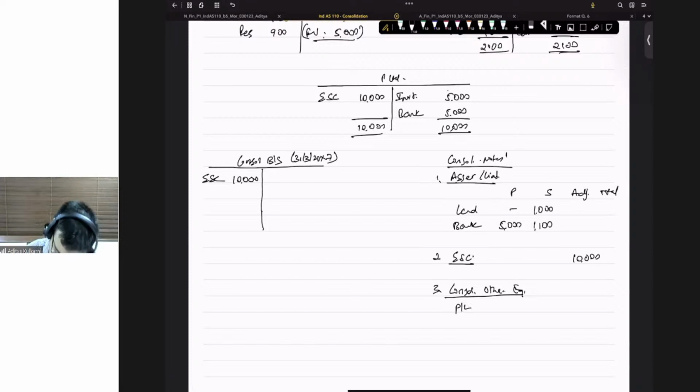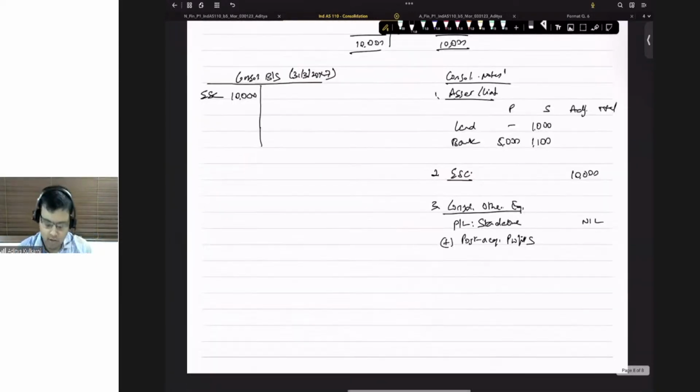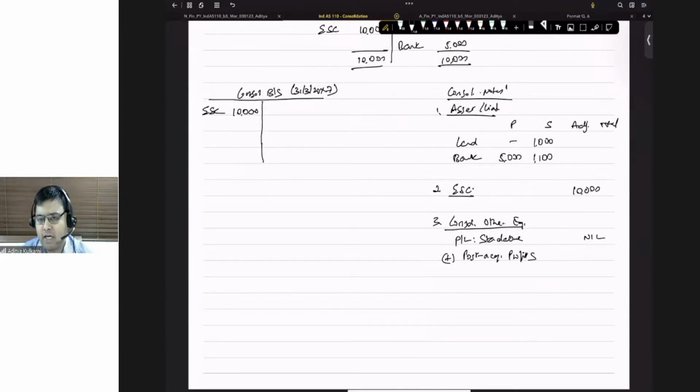I'll be having the P&L. Standalone will be nothing because there was no reserve. Add post acquisition profits. We'll try to find out what this is. So notes 1, 2, 3 are done.